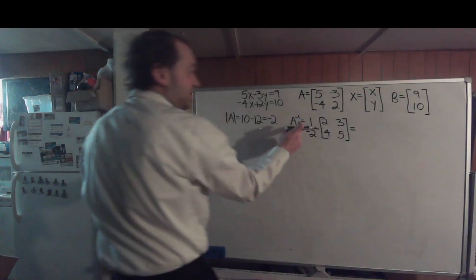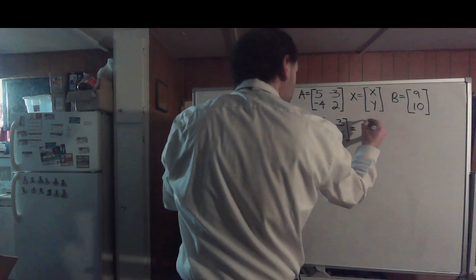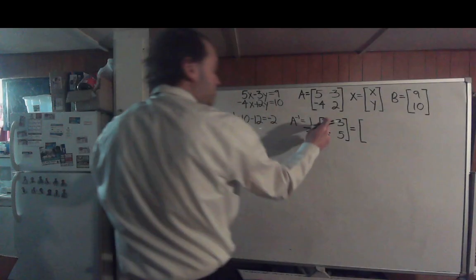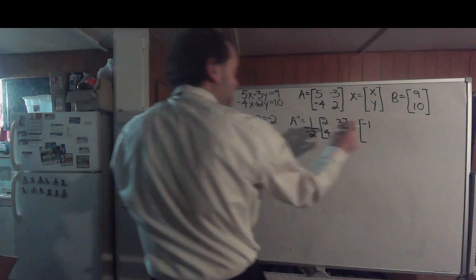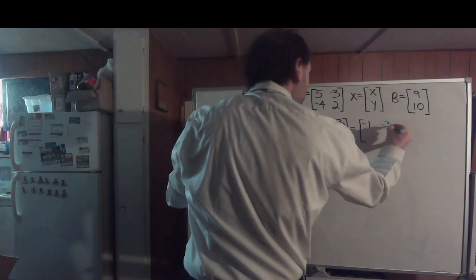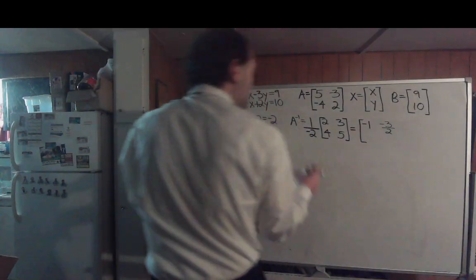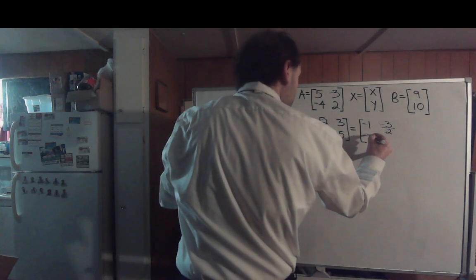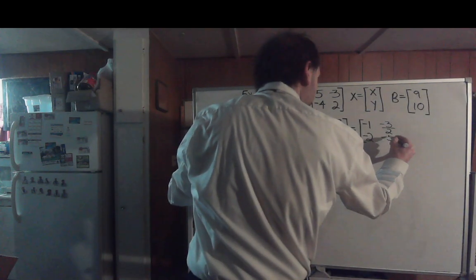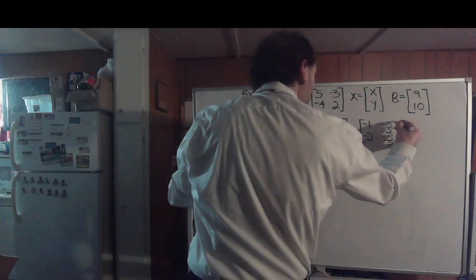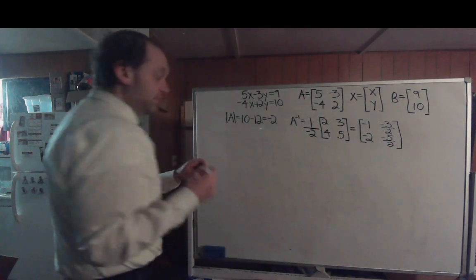So now just take that negative 1/2, multiply it through your matrix. Negative 1/2 times 2 is negative 1. Negative 1/2 times 3, well, that's just negative 3/2. Negative 1/2 times 4 is negative 2. Negative 1/2 times 5 is negative 5/2. So there's your A inverse matrix.